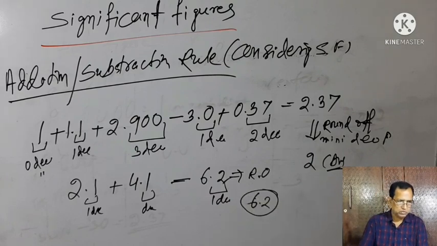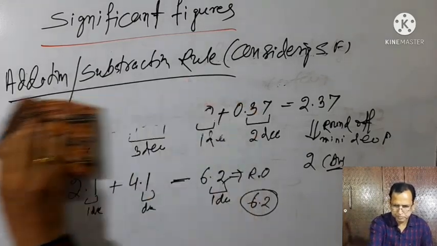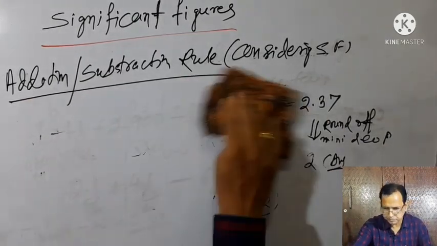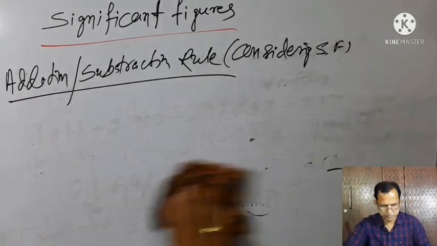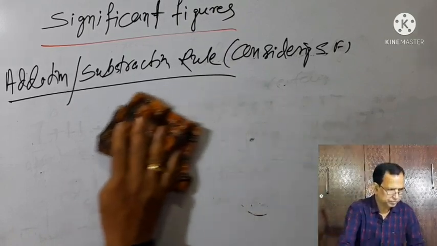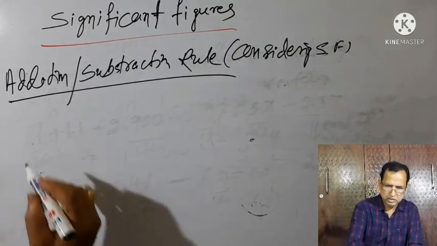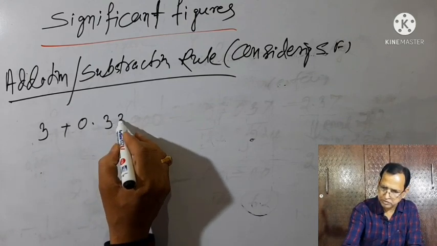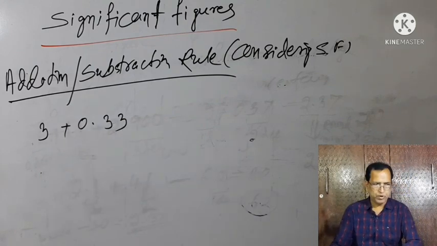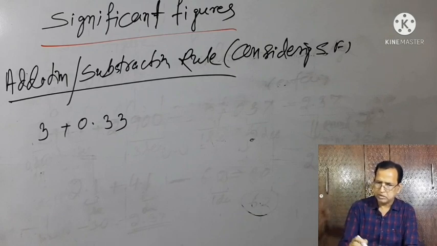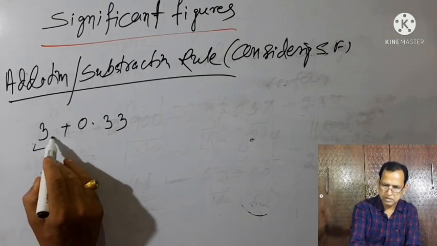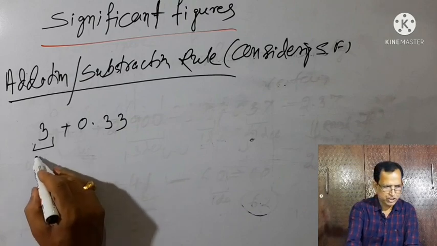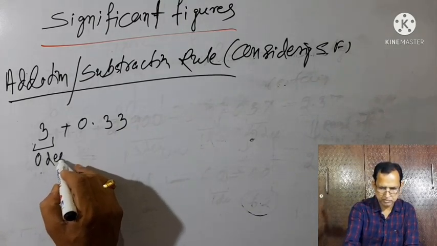Okay. Now for another example, 3 plus 0.33. In this case, this is 0 decimal places.